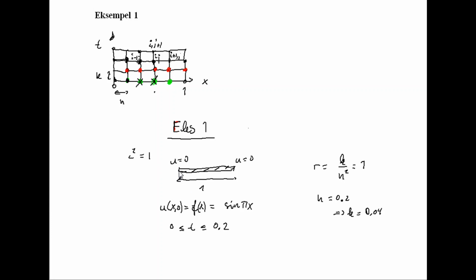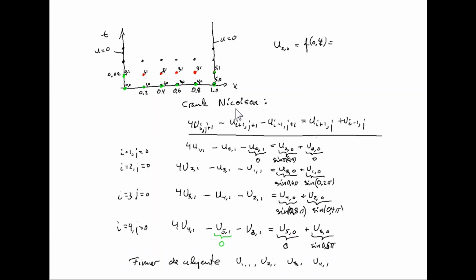In addition, we know that we have the boundary conditions u equal to 0 on both sides. So now we are going to write the discretization equation on all of these unknowns. Let me show you this figure once more, where we have written all these unknown node points.